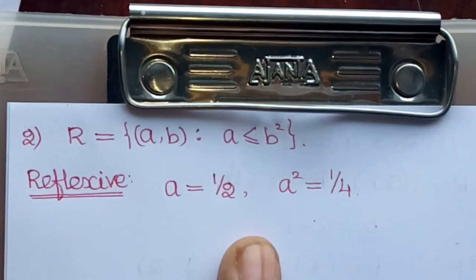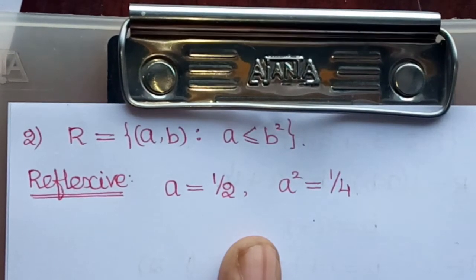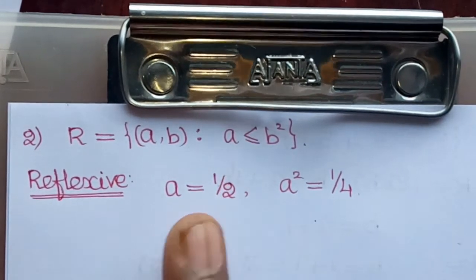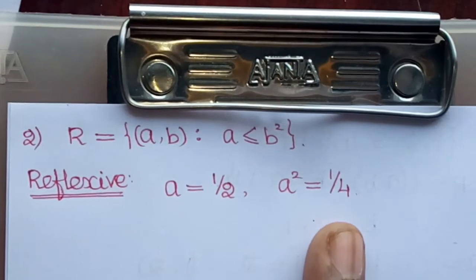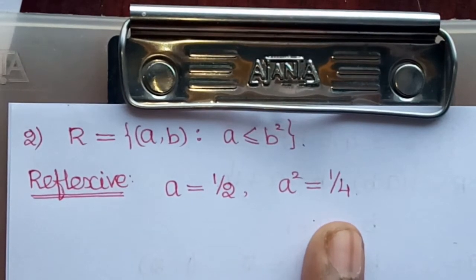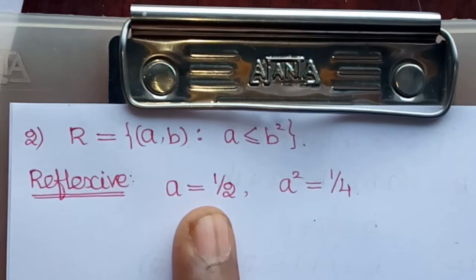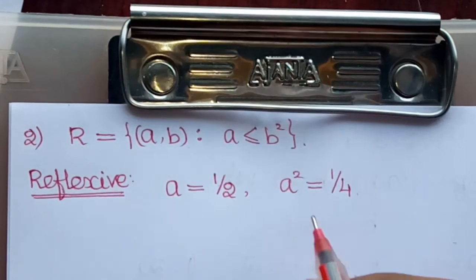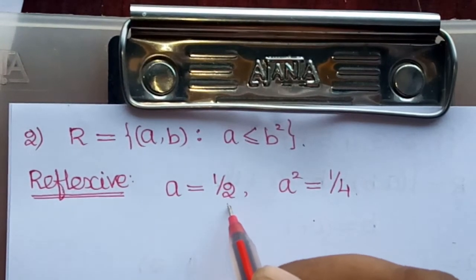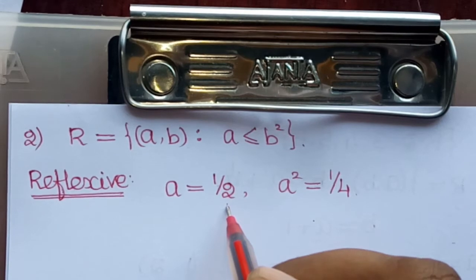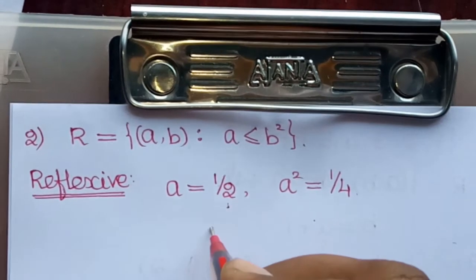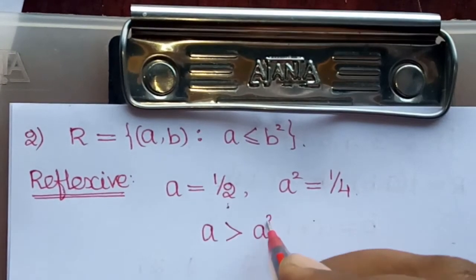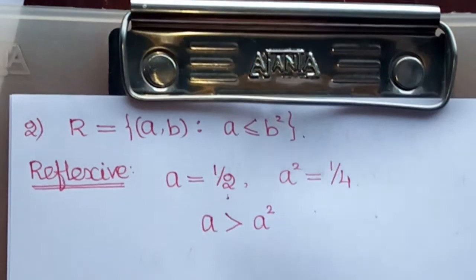Suppose you take integers, it satisfies the condition, but for fractions, it does not satisfy the condition. Here 1 by 2 is the greater one, 1 by 4 is the smaller one. So here A is greater than A square.